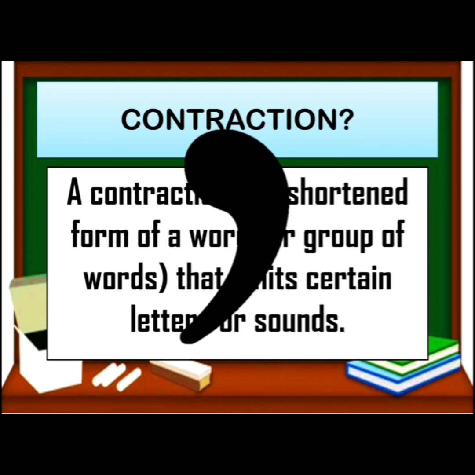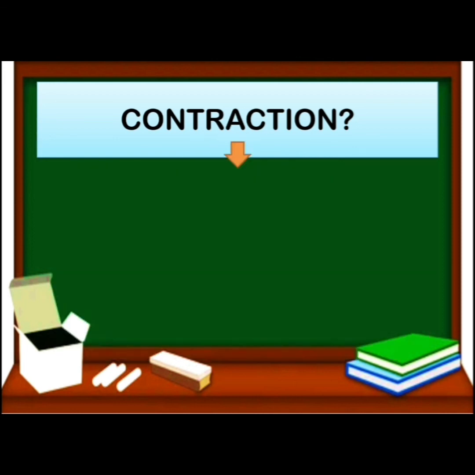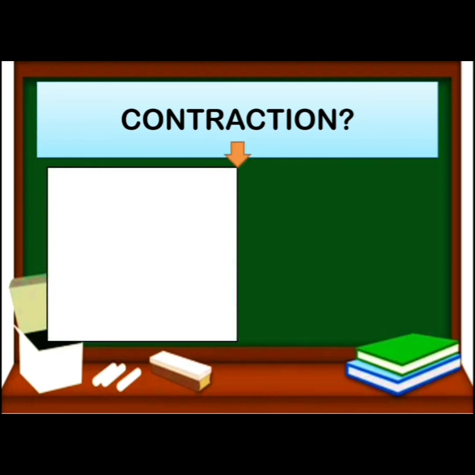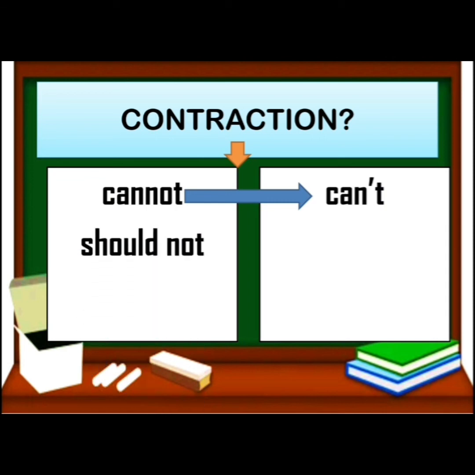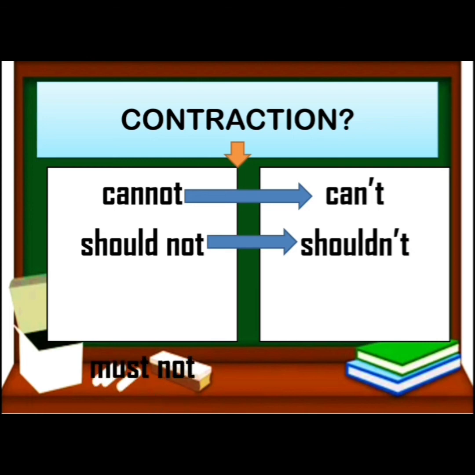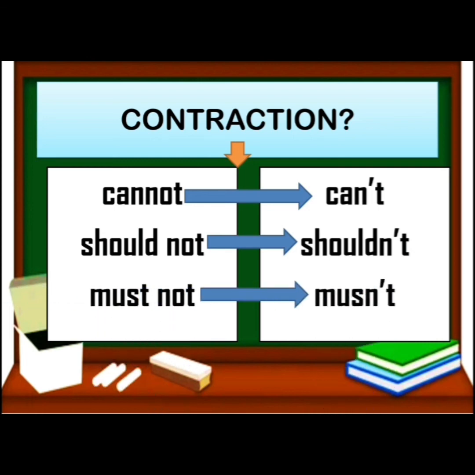Basically, an apostrophe is being used to do this process, contraction. To obtain clarity, let's take a look at these examples. First, cannot into can't. Should not into shouldn't. And must not into mustn't.